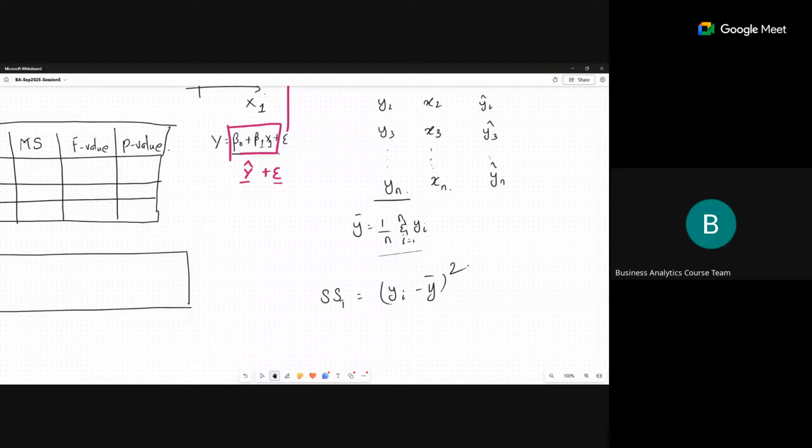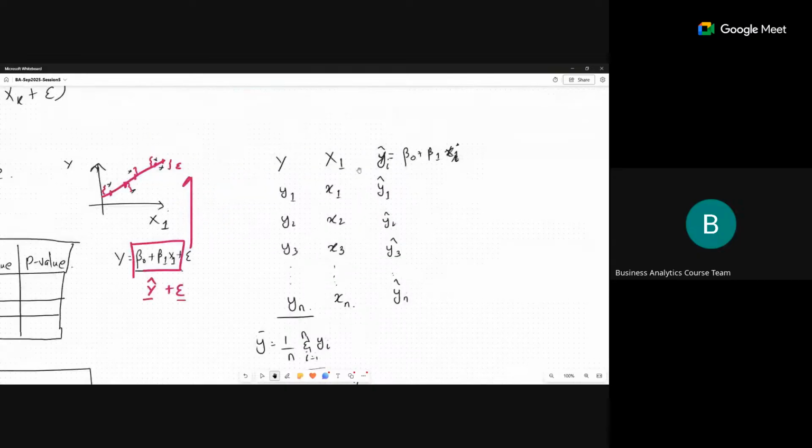That is the total spread of my y. The total fluctuation of my y values around the mean value. I take every point, subtract it with the mean, sum this up for all the data points. That will give me my SST. The total spread of my data around the average value. Okay, we have got that.